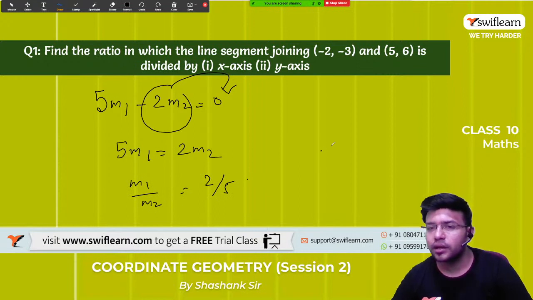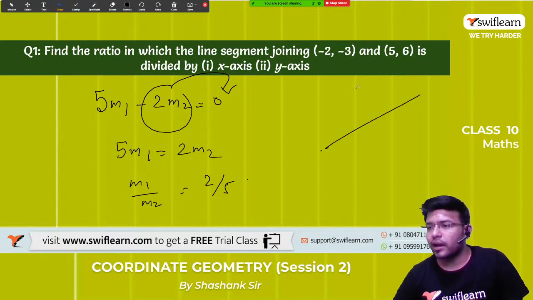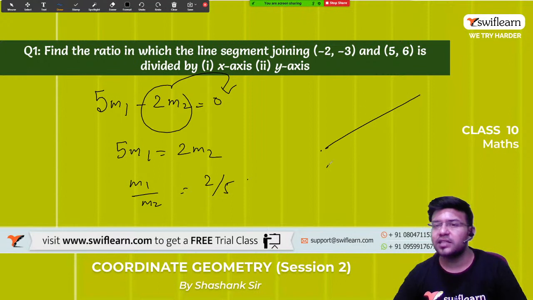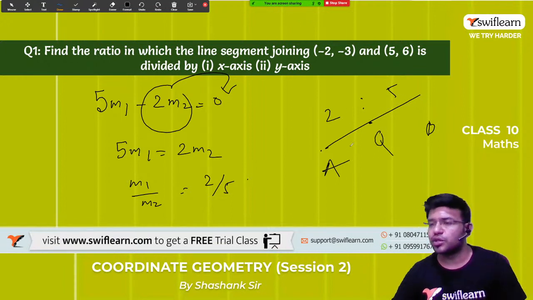The point Q divides the line segment AB in the ratio 2:5. This is the answer.